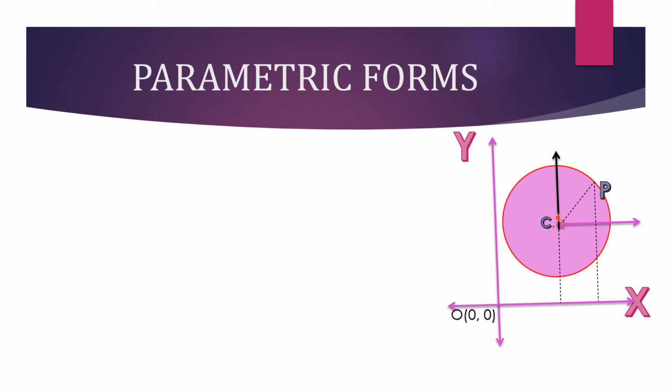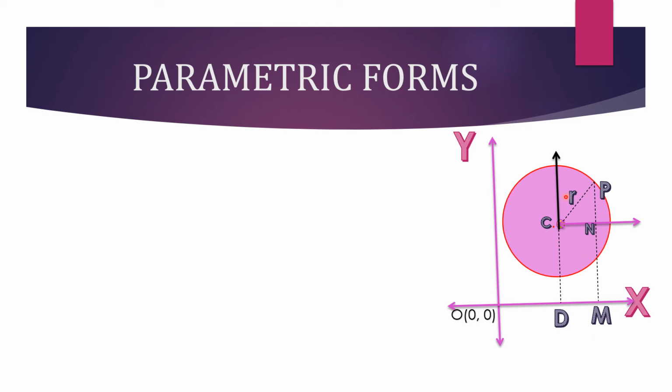Now we join CP and we draw one normal line from P to the x-axis, that is M.